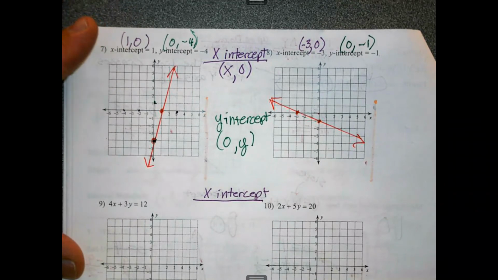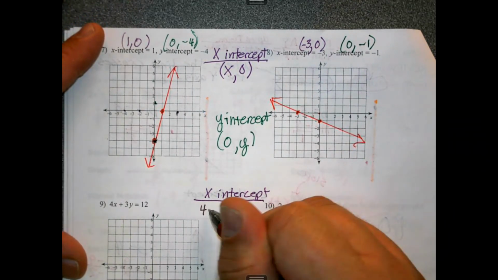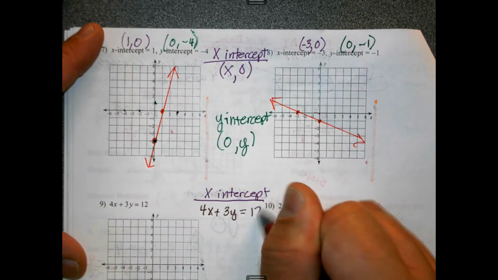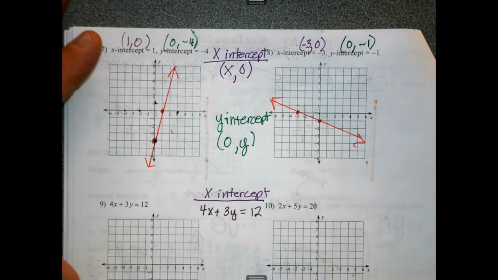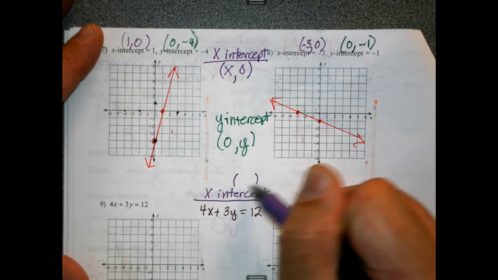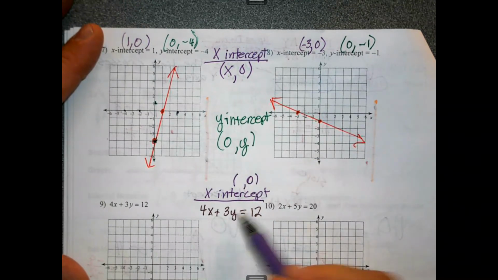All right, so I got my equation here: 4x plus 3y equals 12. For my x-intercept, what coordinate is always 0? The y. So I'm going to substitute in 0 for y.